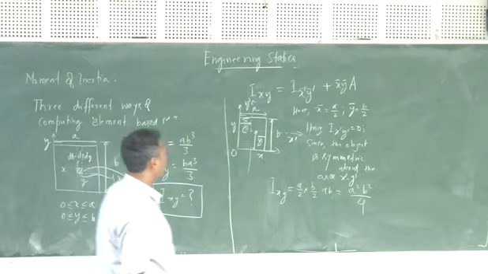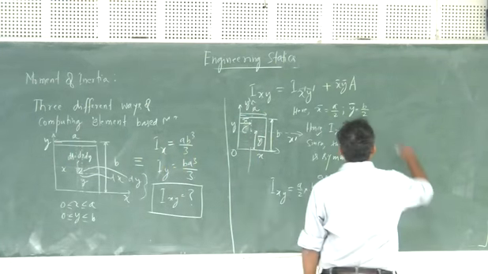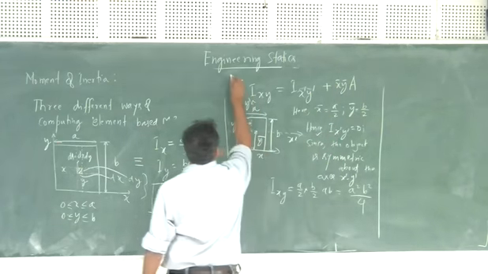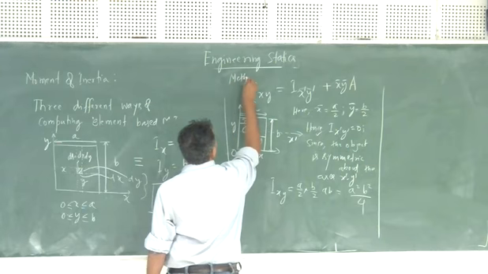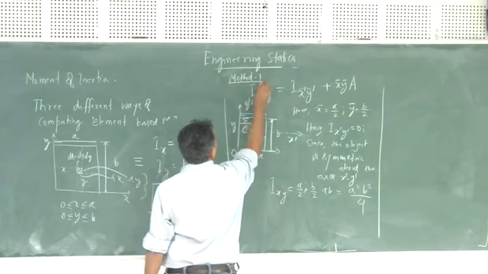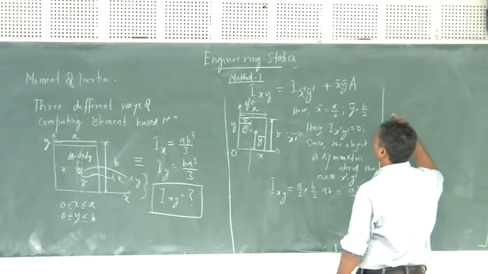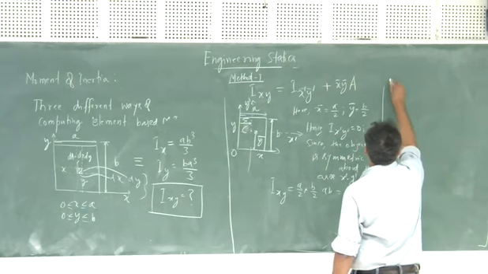If you want to find it directly, how to really start with this kind of element, you will see method 1 for computing the product of inertia.